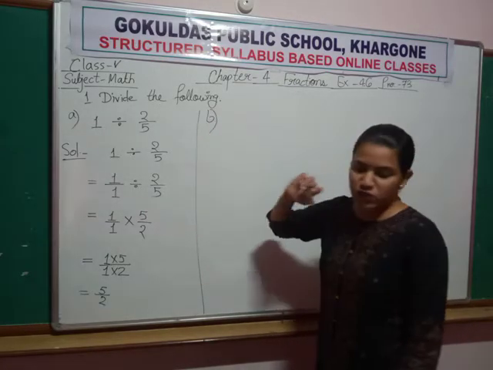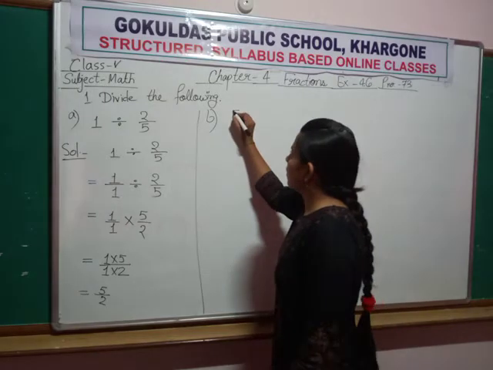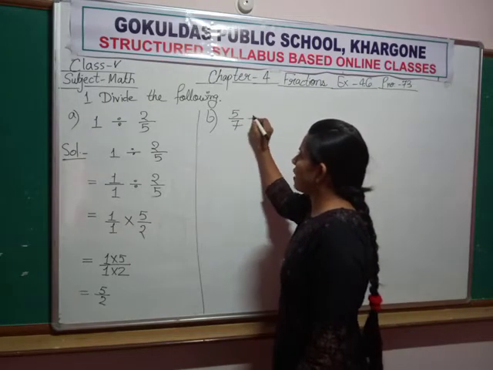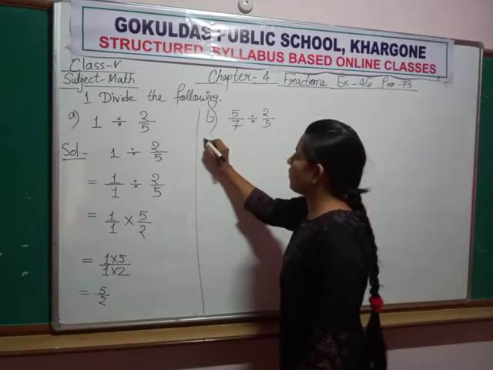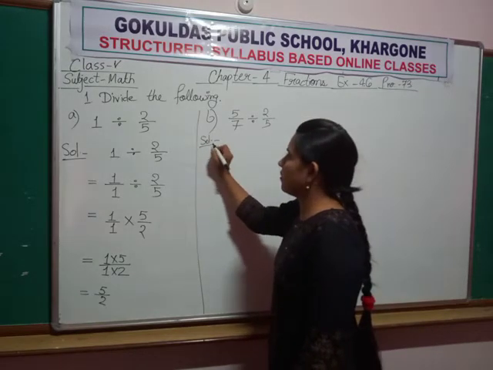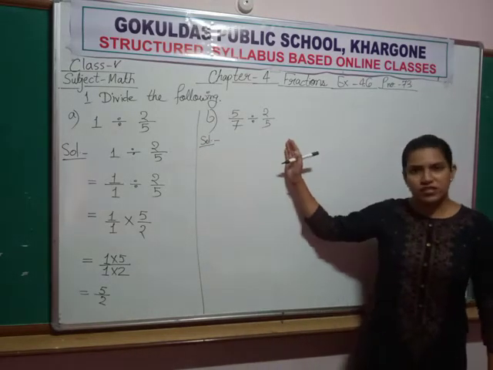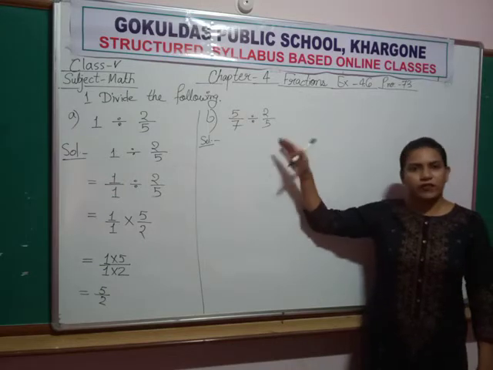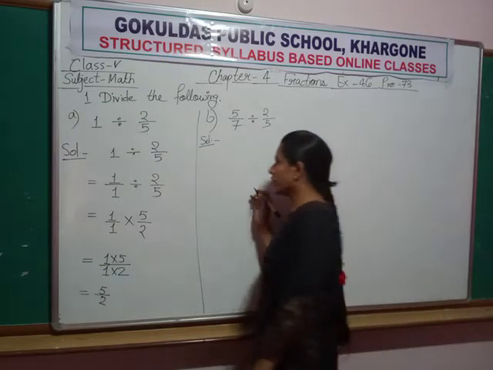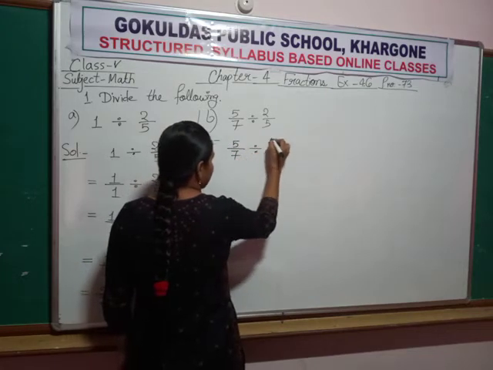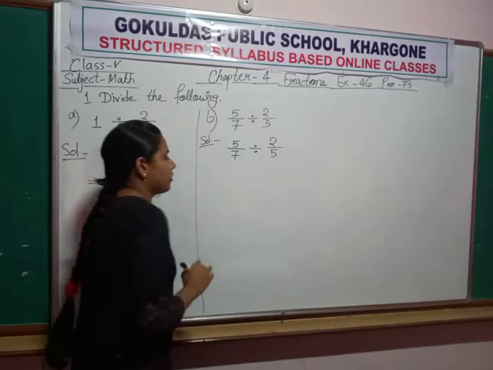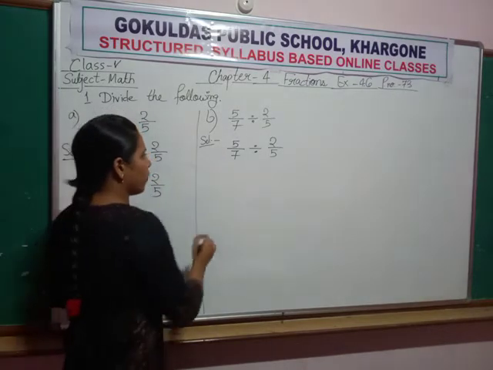Let us solve the next one, in which 5 upon 7 divided by 2 upon 5 is given. Here two fractions are given. We want to divide one fraction by the other. So how to divide it? First rewrite the given question: 5 upon 7 divided by 2 upon 5.